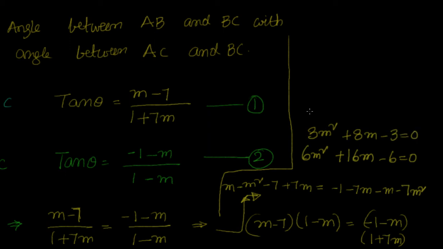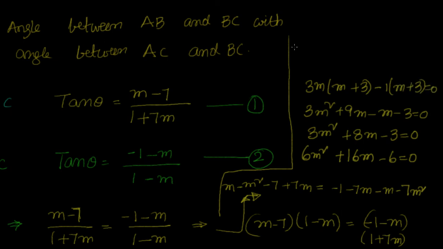Now if you factorize this, I want a product of minus 9, but when you add it should be plus 8. So I can write it as 3m square plus 9m minus m minus 3 equal to 0. If I take 3m common, I'll have (m plus 3) minus 1 into (m plus 3).